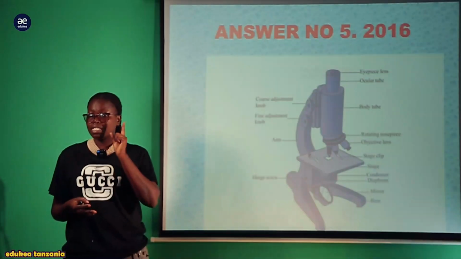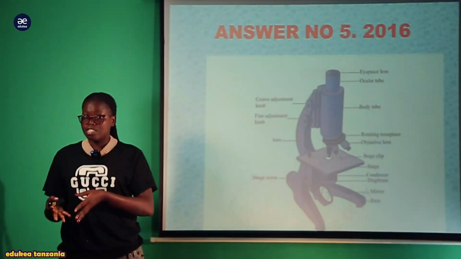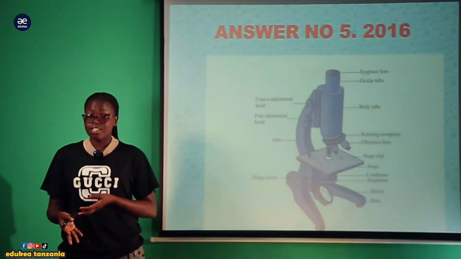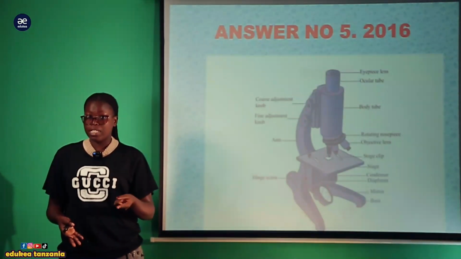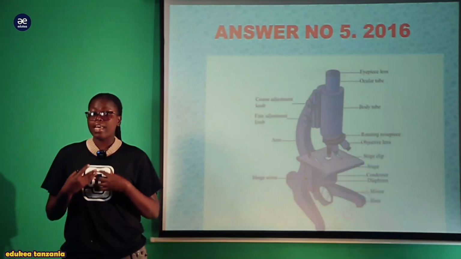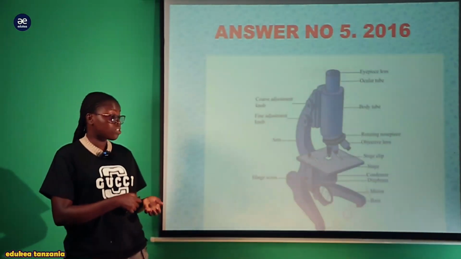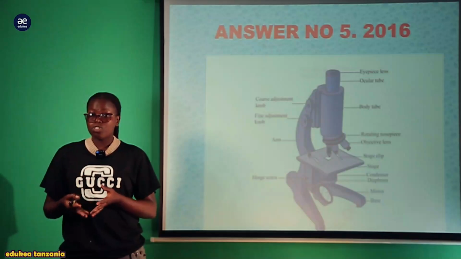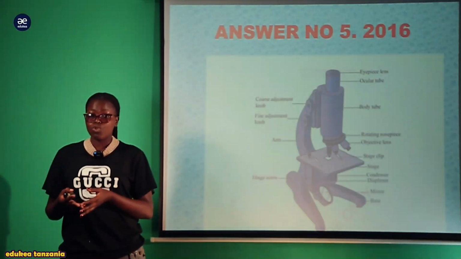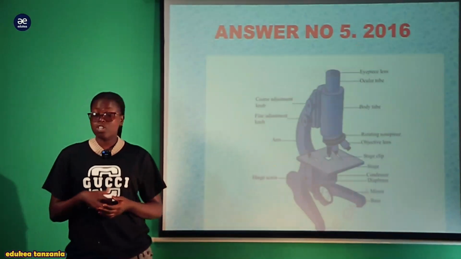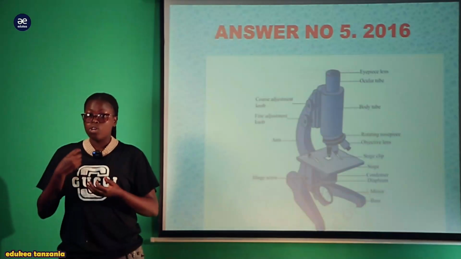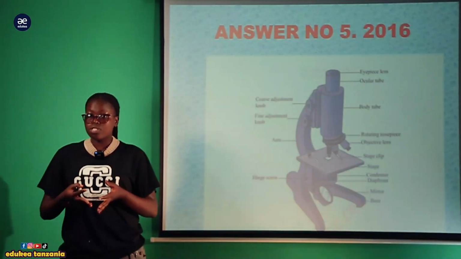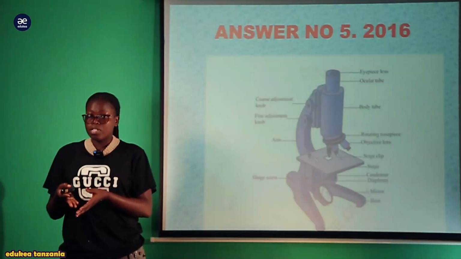Whenever utakapoziona utaweza kujua that one, this is a test tube, kazi yake ni hiki hapa. Hii hapa ni beaker, kazi yake ni hii hapa. This is measuring cylinder. Hii hapa ni dropper. Hii hapa ni thermometer. Hii hapa ni microscope. I have taught a lot. Kwa mfano kama microscope, on how to care for the microscope, on how to use the microscope in the laboratories, kuweza kuensure kwamba this microscope is very very expensive to buy it, so it needs care to use it, so to ensure that you keep it safe.